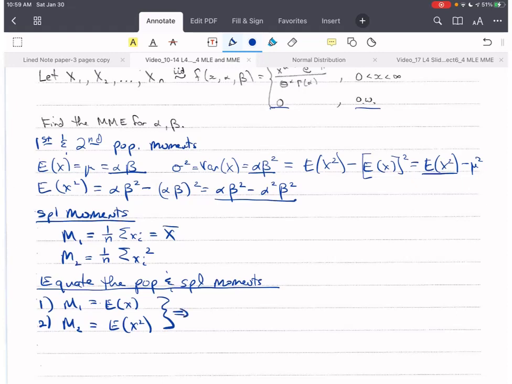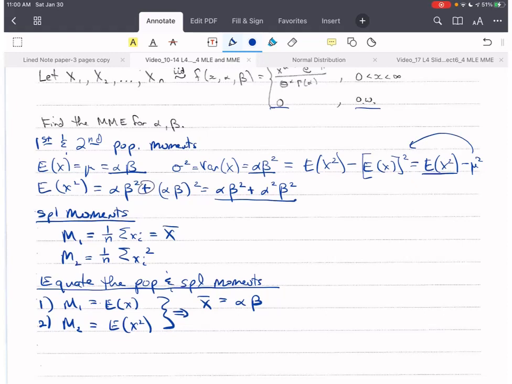So this gives us m1, which is x bar, equal to alpha beta. And for m2, which we solved, this is going to be a plus here. For E of X squared, we're adding mu squared to both sides, so I have to make sure I get my signs right up here.